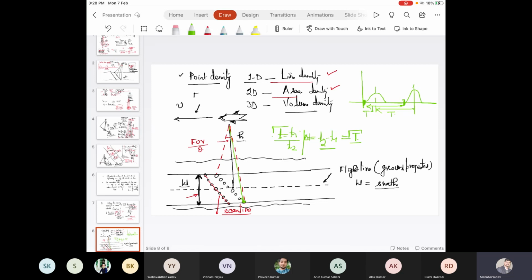But what happened? In between, during t2 minus t1, this aircraft is moving at a speed of V. It moves to the next location. Now when the second laser beam is fired, it will be in the forward direction over here.